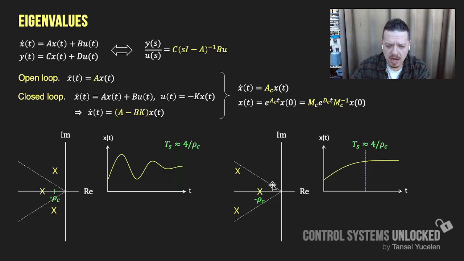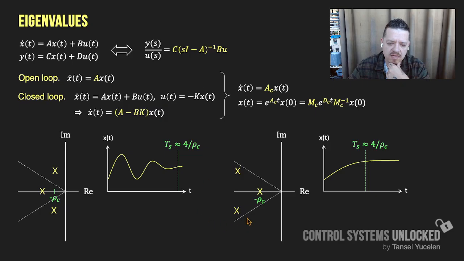If you choose eigenvalues inside those dashed lines, and usually the angle of these dashed lines with respect to the real axis, if you want to be more on the conservative side, you can select to be 30 degrees, 45 degrees maximum.